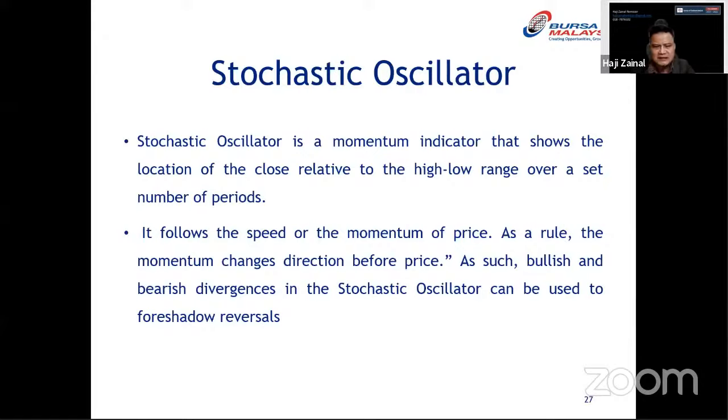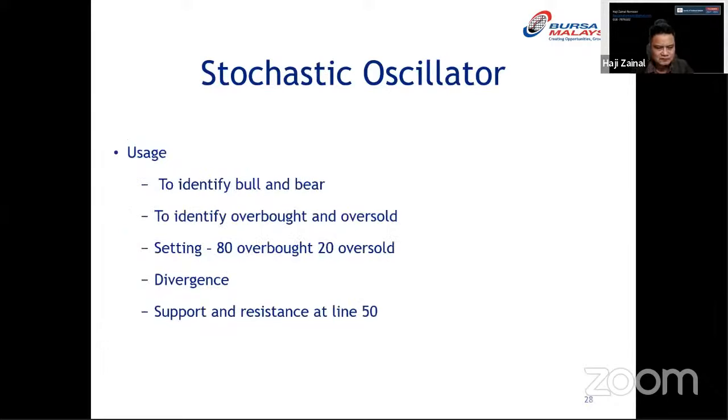Usually, stochastic can become a leading indicator. As such, bullish and bearish divergence in the stochastic oscillator can be used to foreshadow reversal. So we have to look closely for any divergence in the stochastic oscillator.